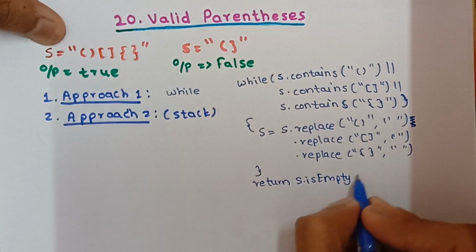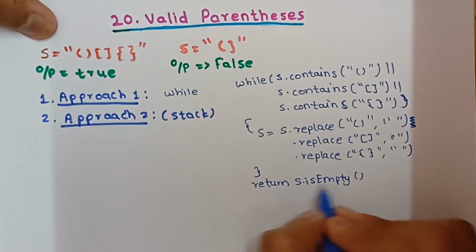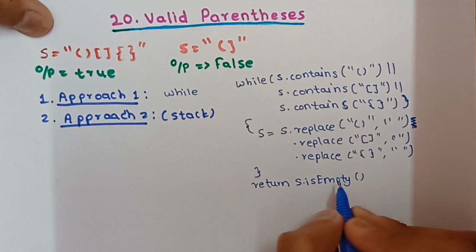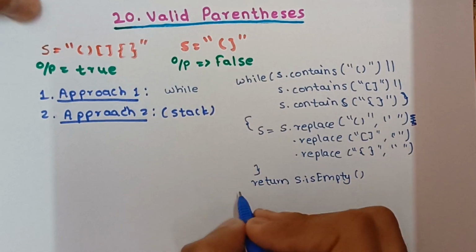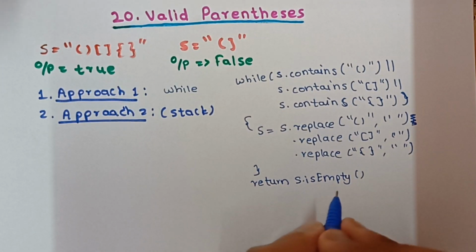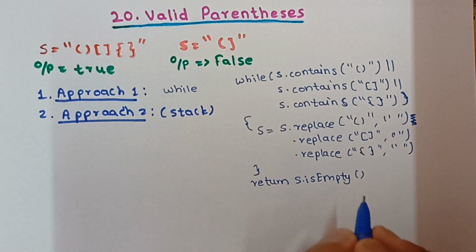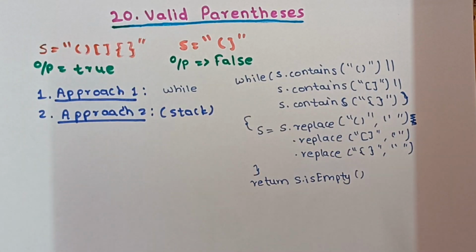If it is empty, we return true, and if it is not empty, then it will return false. I will again explain this while typing the code, and let's see on Leetcode.